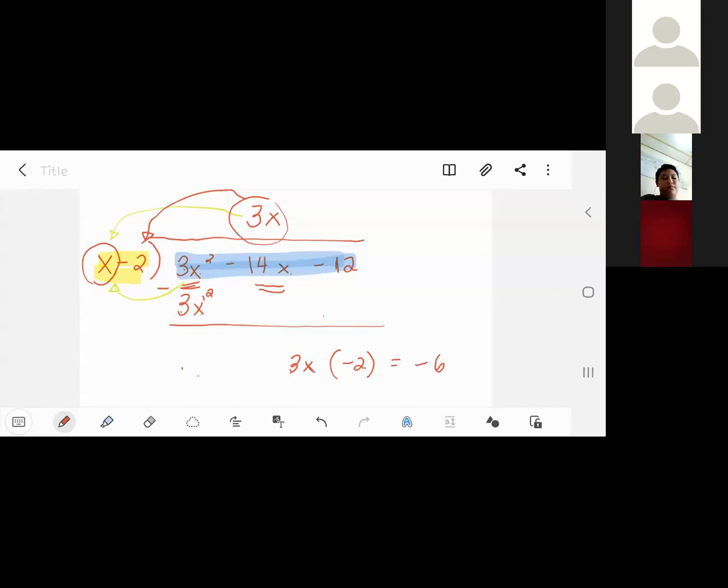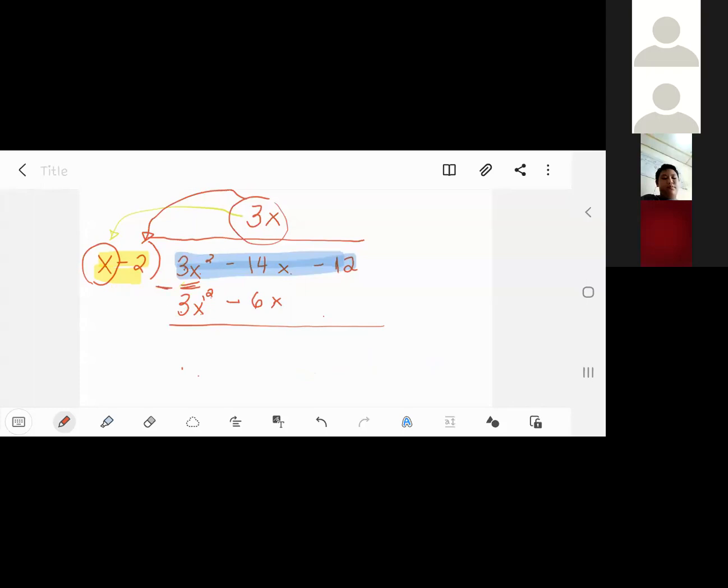Then you just copy the x because there is only one. So the answer is negative 6x. Okay, did you follow? Yes, ma'am.